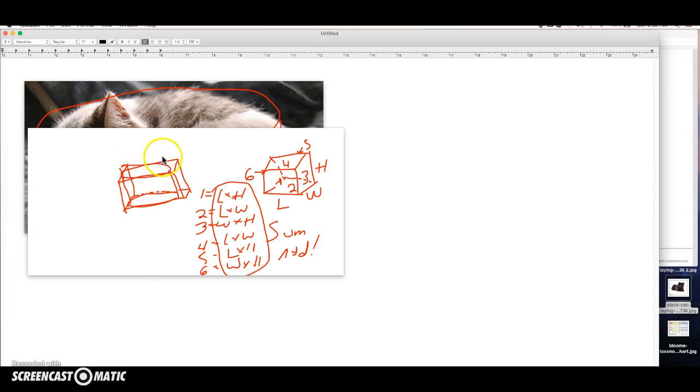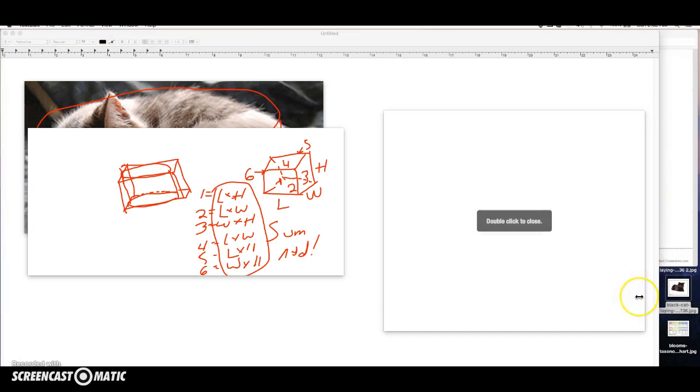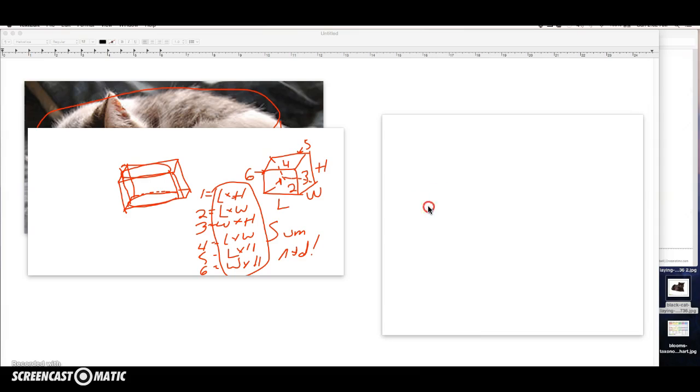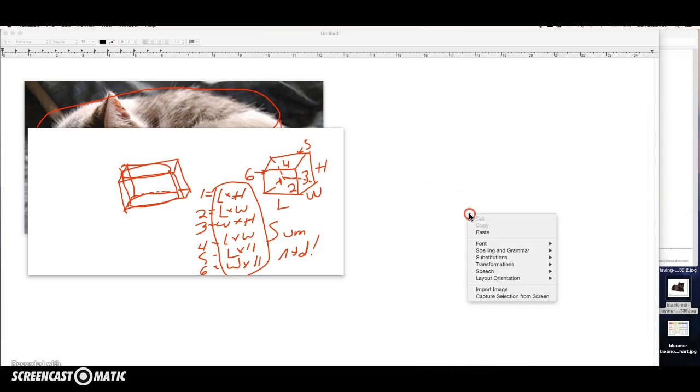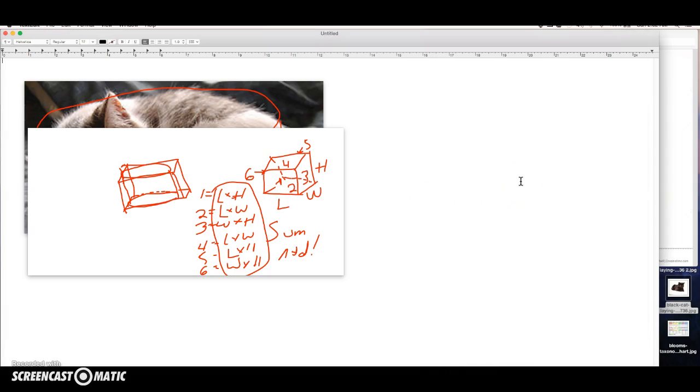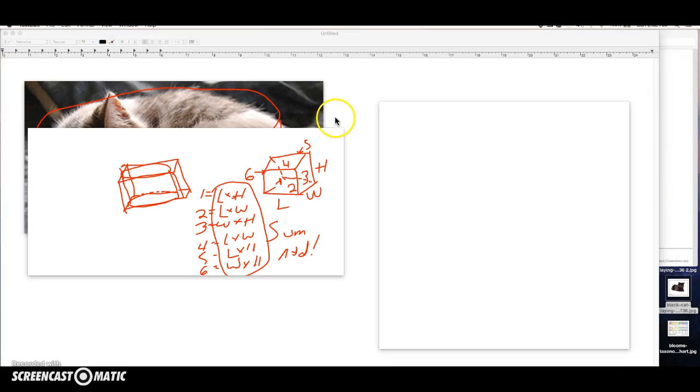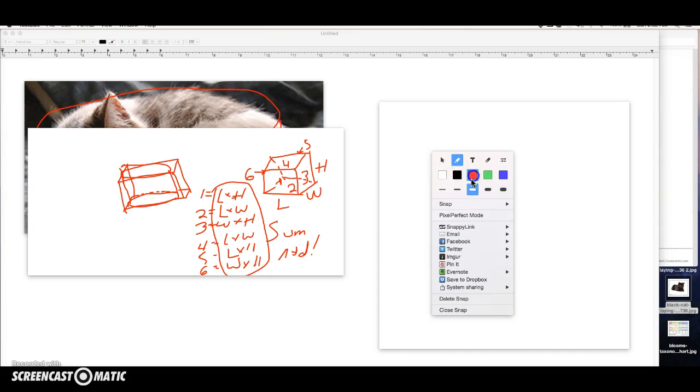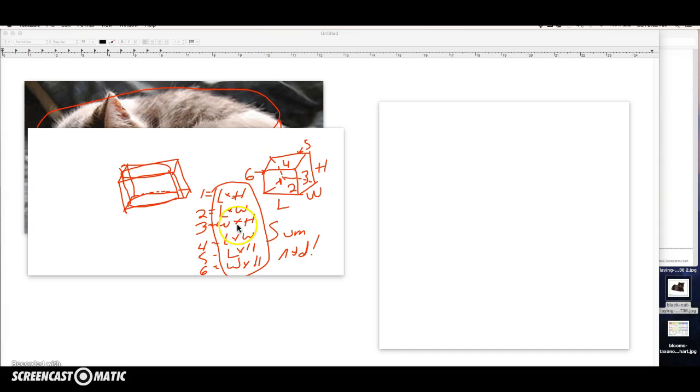If we look and we see that the cylinder has a circle at the edge, I'm going to draw another circle here. If I come back here, another terrible circle.